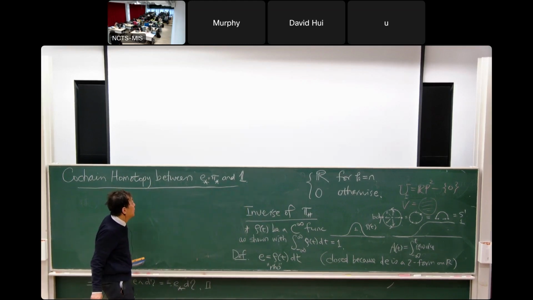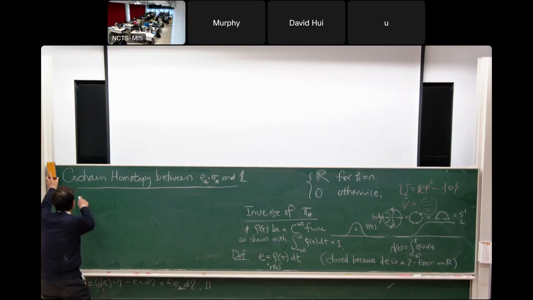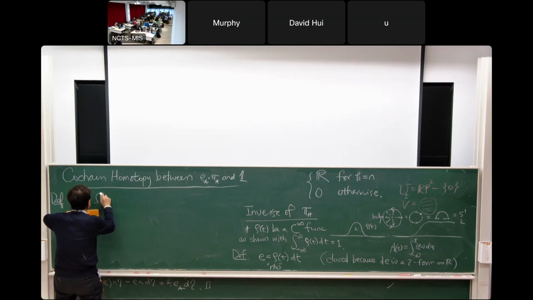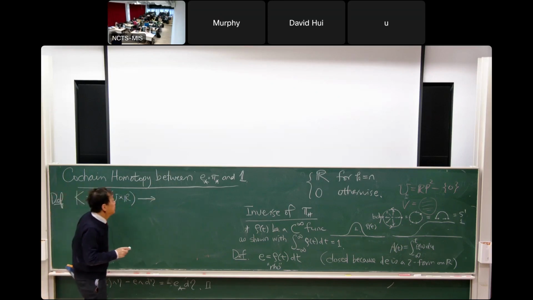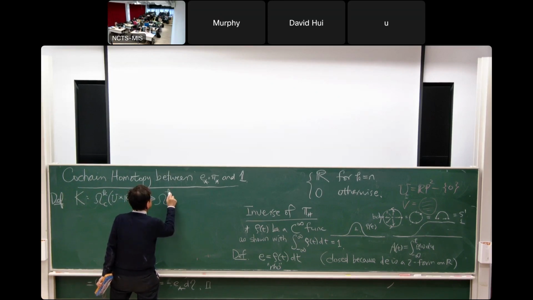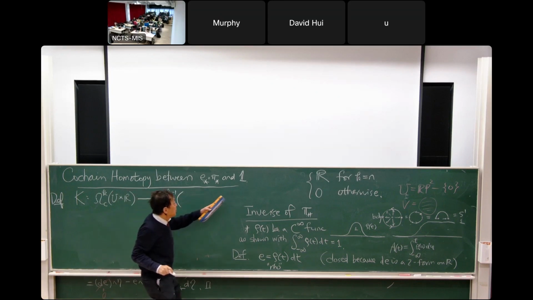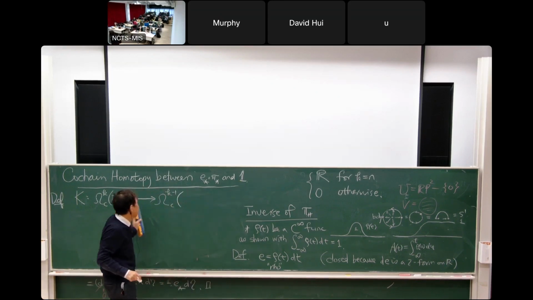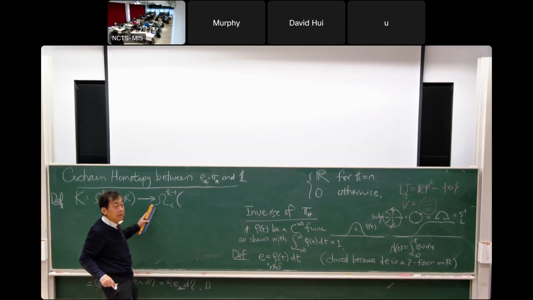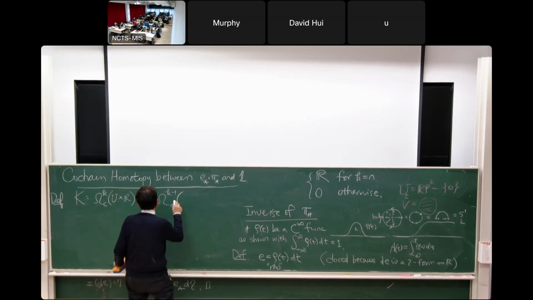So K has to start with k-forms with compact support of U cross R. Now a cochain homotopy always lowers the degree by 1. And we are looking at the identity, so that means you're going from the same vector space to the same vector space.